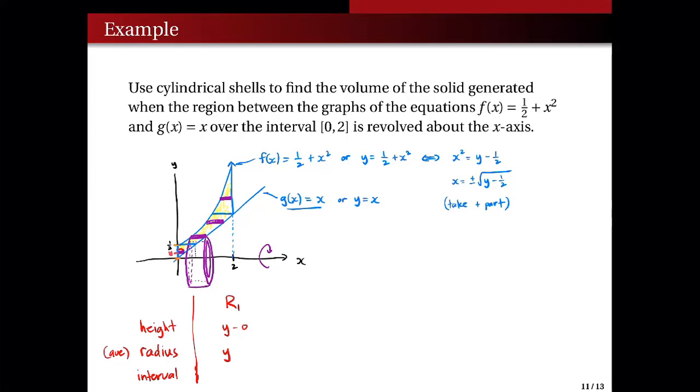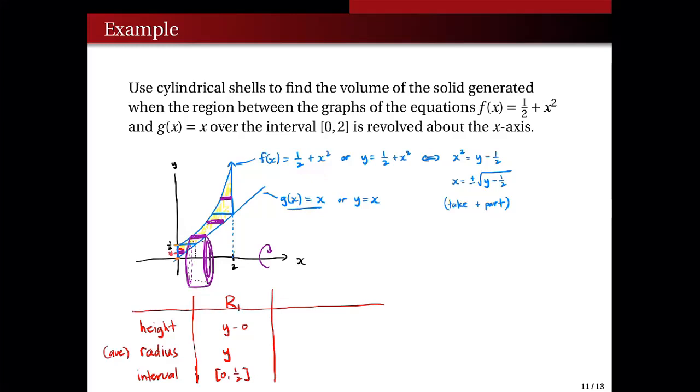So in your parabola, when x equals 0, y equals 1 half. So the interval will be 0 to 1 half. That's for your region 1.